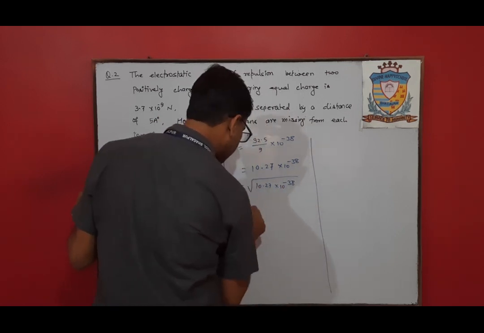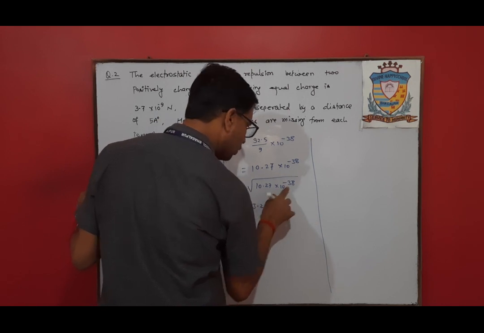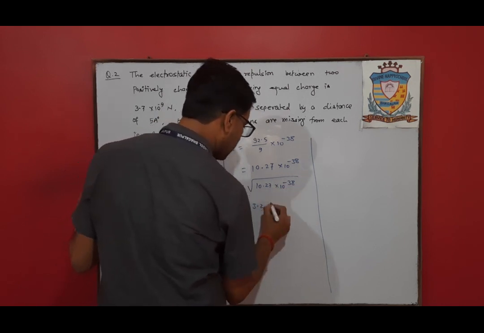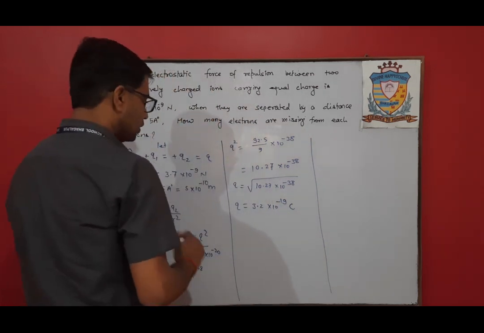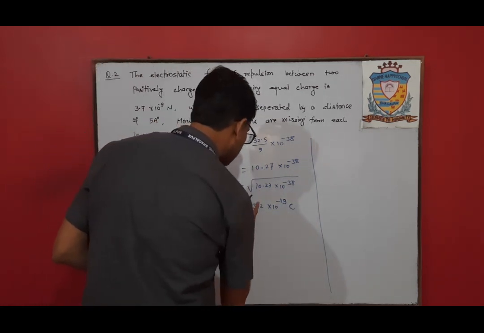After solving, we will get Q is equal to 3.2 into 10 to the power minus 19 coulomb. So this is the value for charge Q.